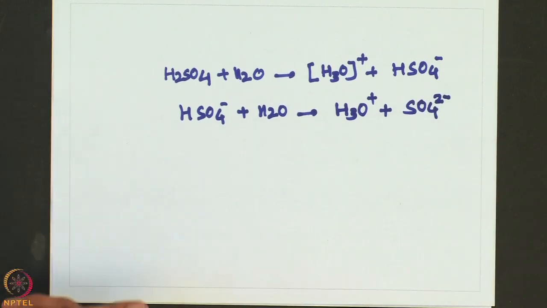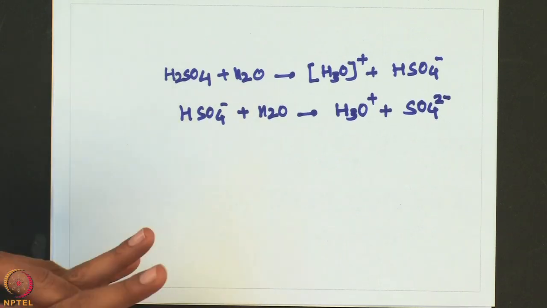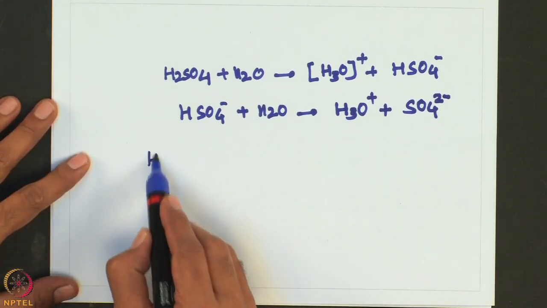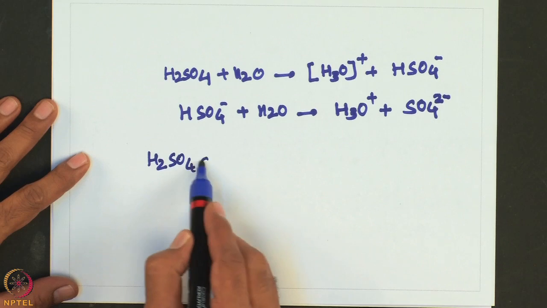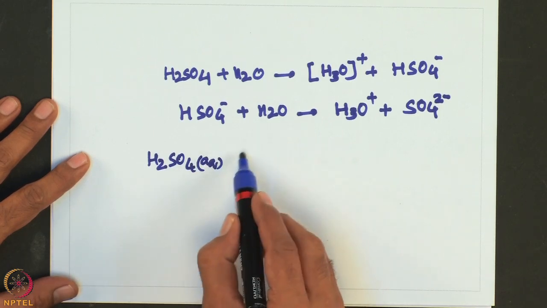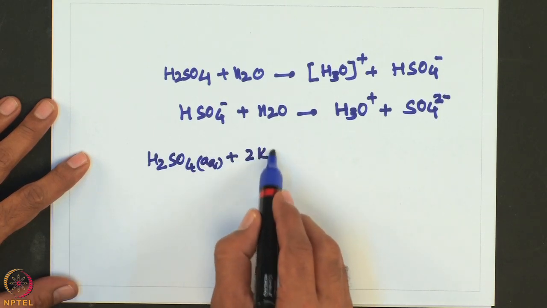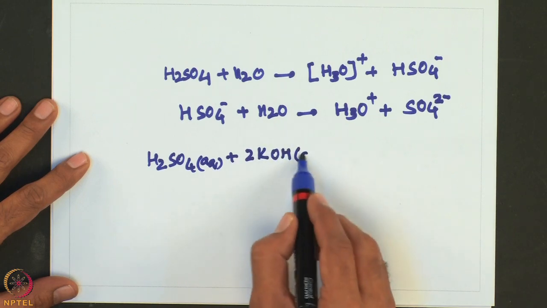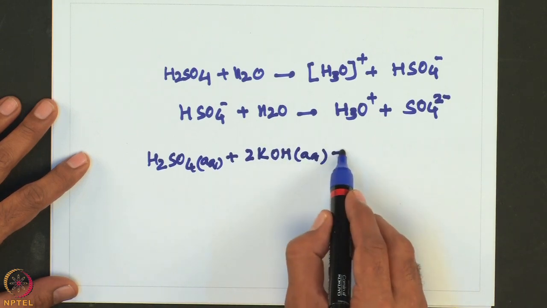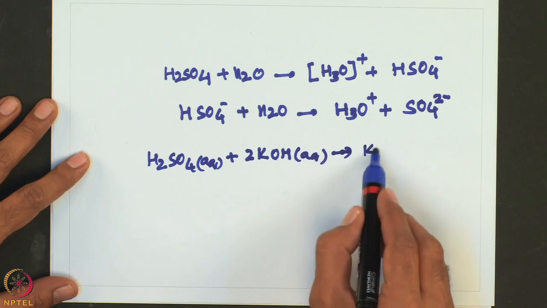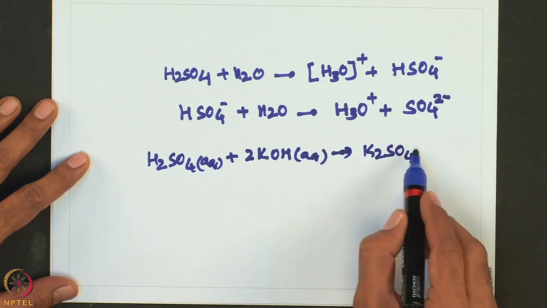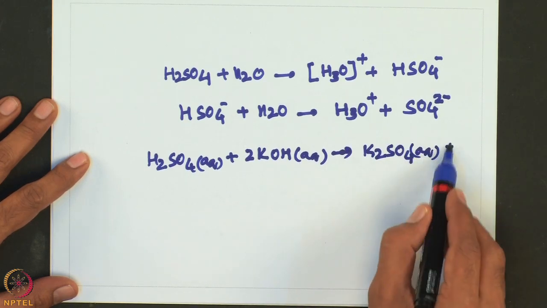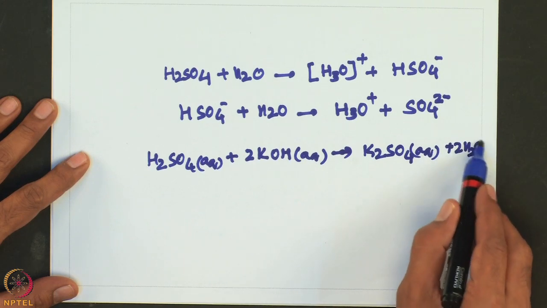So, dilute aqueous sulfuric acid, typically 2 molar, neutralizes bases and reacts with electropositive metals, liberating H2. For example, H2SO4 plus 2 KOH gives K2SO4 plus 2H2O.